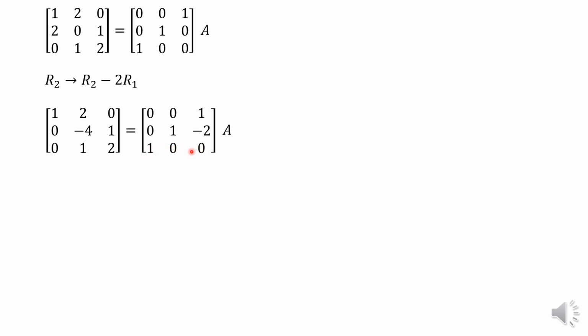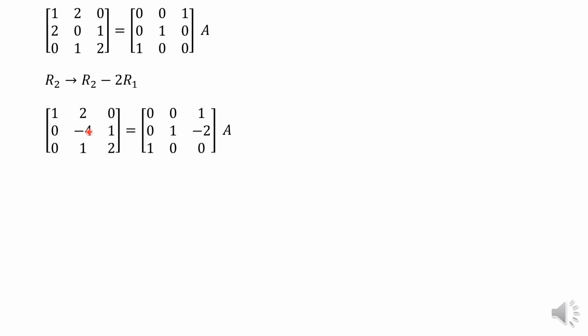What next? You have to identify what is the leading entry in the second row. Obviously this is second row, the leading entry here is minus 4. Actually we have to make this leading entry in second row equal to 1. You carefully observe here, every leading entry must and should be equal to 1.